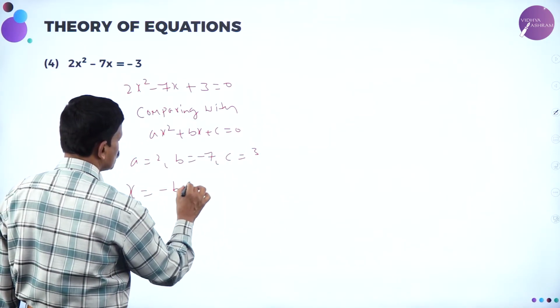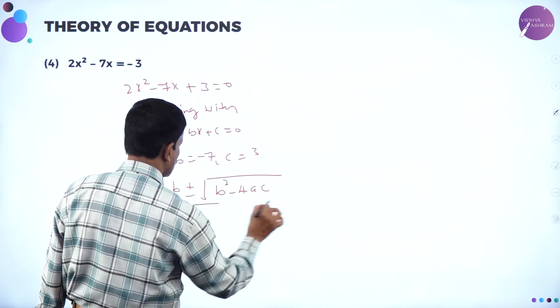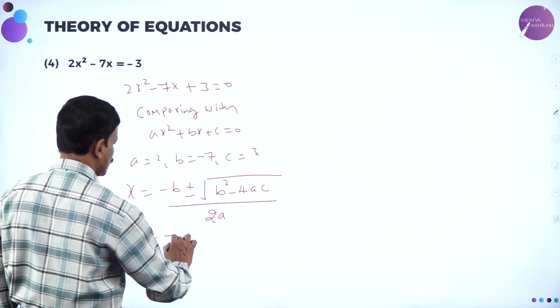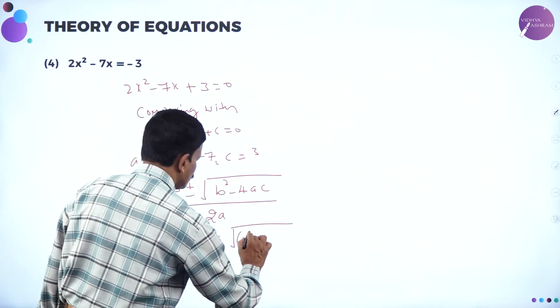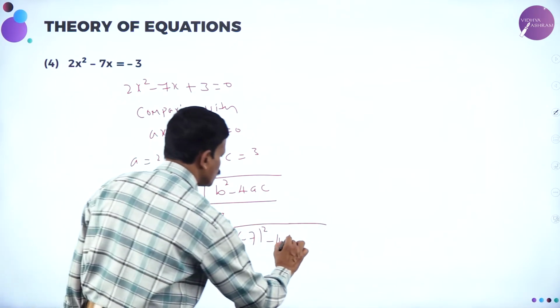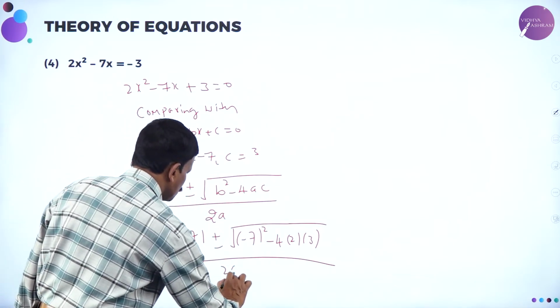x is equal to minus b plus or minus root of b square minus 4ac divided by 2 into a. x is equal to minus of minus 7 plus or minus root of b is again minus 7 whole square minus 4 into a is 2, c is 3 divided by 2 into a, 2 into 2.